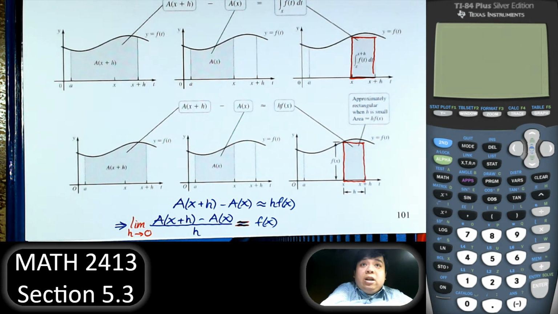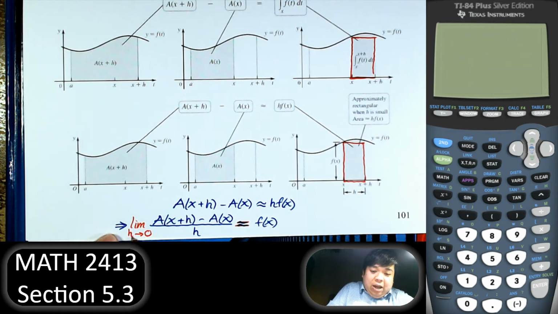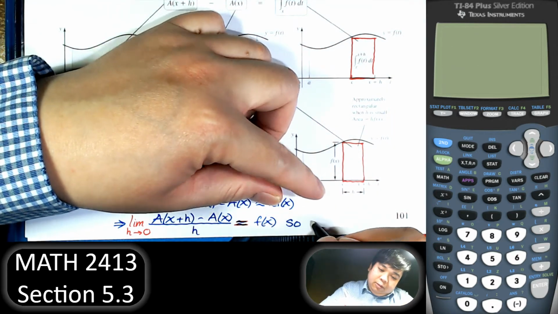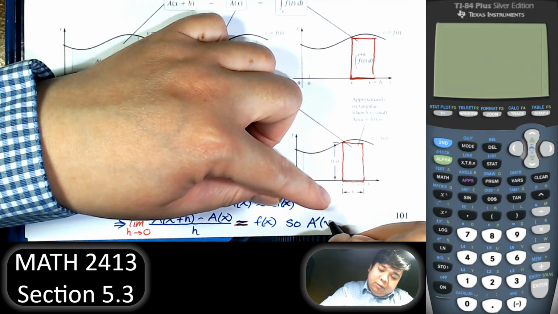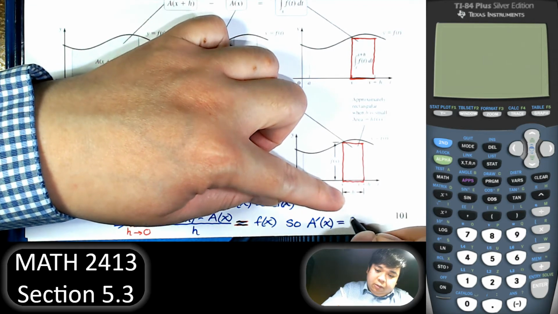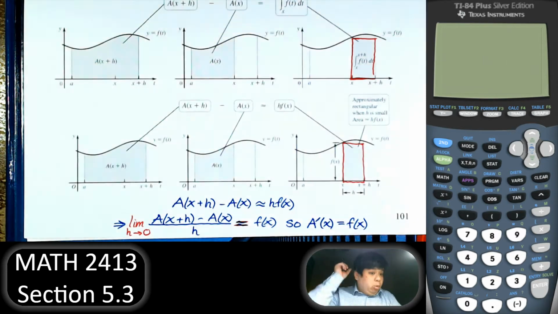And when h goes to 0, this is exactly the definition of the derivative. So we have the derivative of the area function is equal to f of x. So that is the proof of the first part.